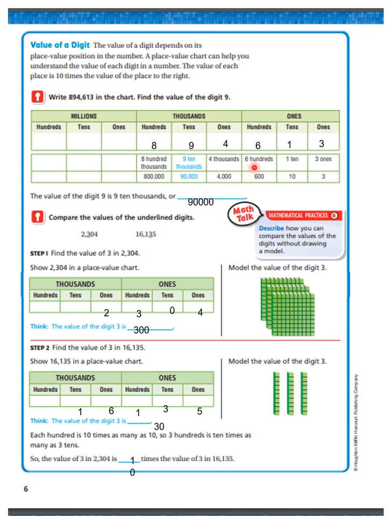I have 6 hundreds, that's 600. I have 1 ten, 10, and I have 3 ones, 3. It says the value of the 9 is 9 10,000s or 90,000. Do you see that? All right, pause the video and make sure you get your chart filled in.